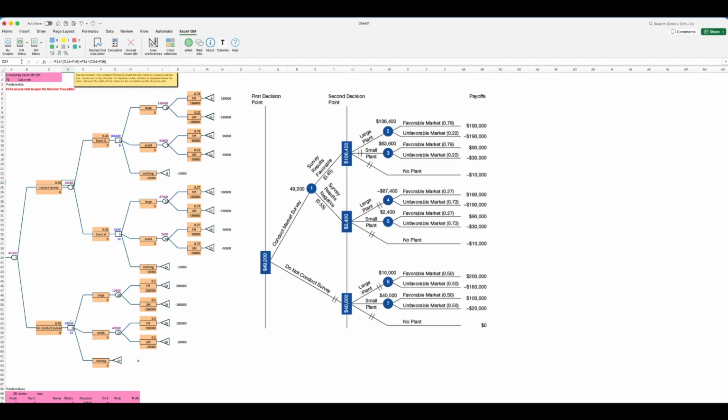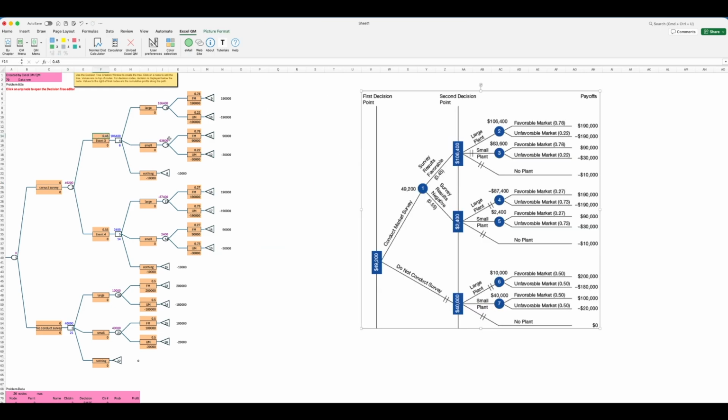49,200. Similarly for this, the expected monetary value or expected payoff is the maximum of these three numbers, 10,000, 40,000, or 0. So the ultimate payoff is the maximum selection between these two numbers, which is 49,200.